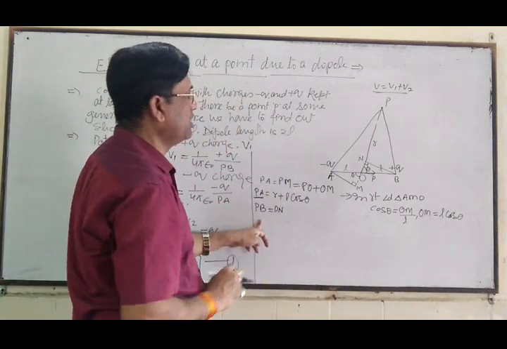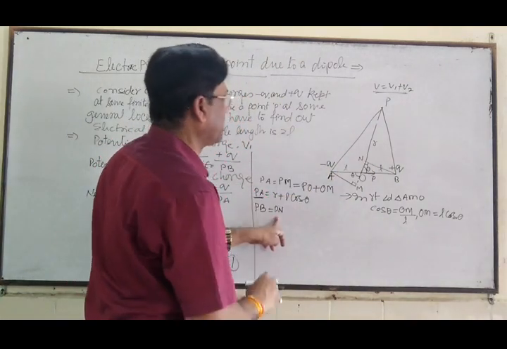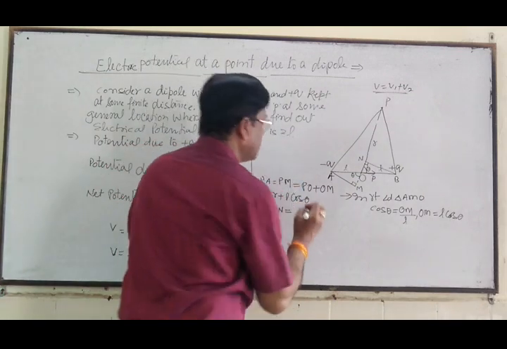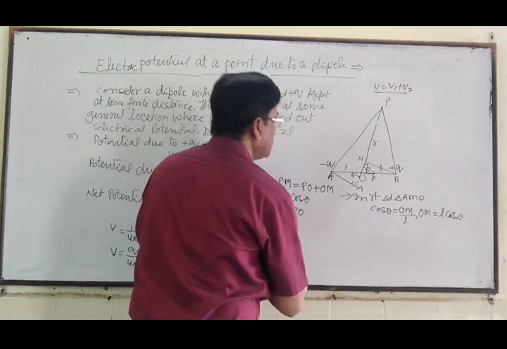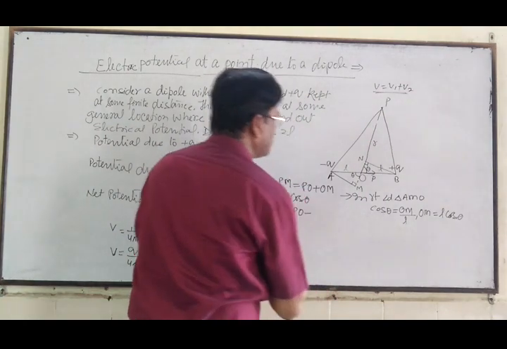Then PB is equal to PN, and PN you can calculate, since you know the value of PO, that is PO minus ON.